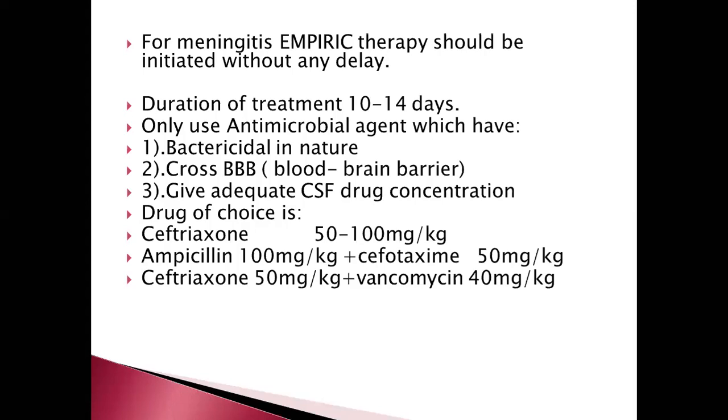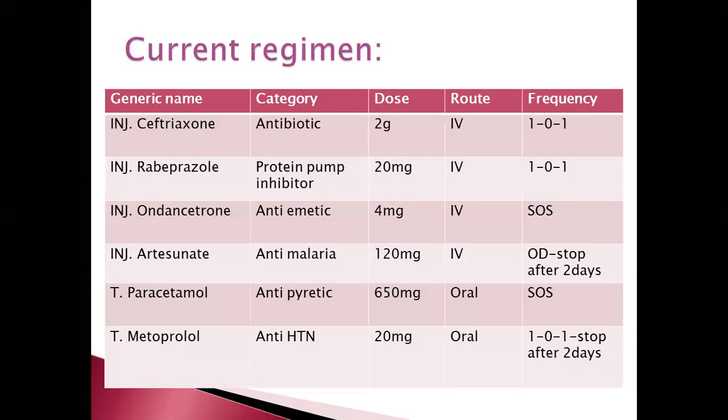Ampicillin 100 mg per kg plus cefotaxime 50 mg, or ceftriaxone 50 mg plus vancomycin 40 mg per kg. The current regimen: injection ceftriaxone 2 gram IV twice a day as antibiotic. Injection rabeprazole 20 mg IV twice a day as proton pump inhibitor.